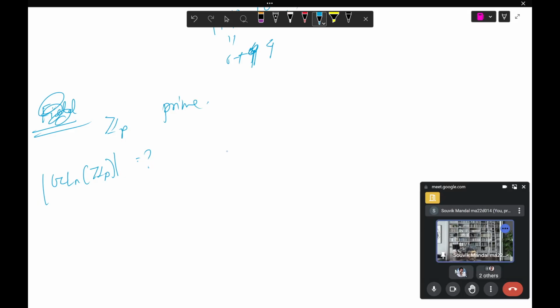You need to calculate how many linearly independent rows over Z_p there are of a given column size. That's what you need to calculate.